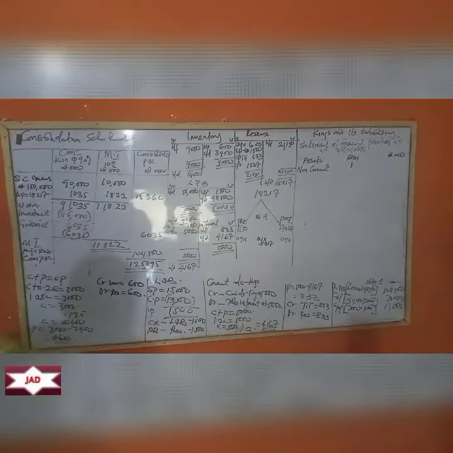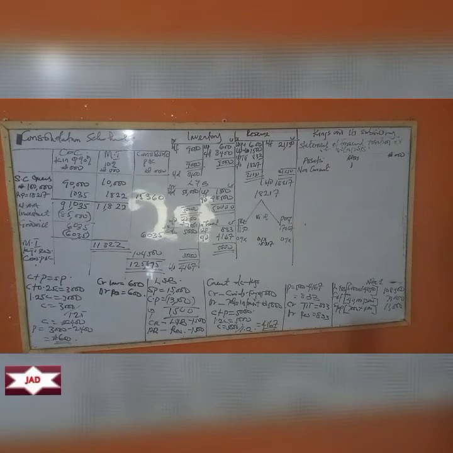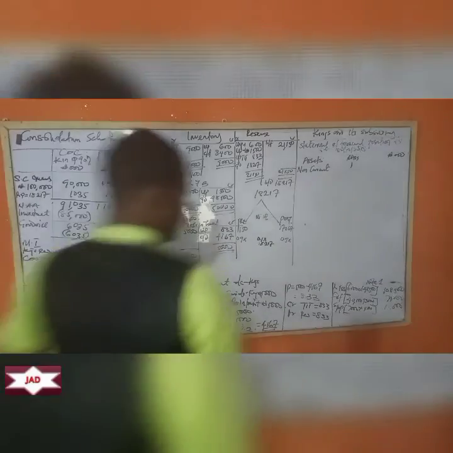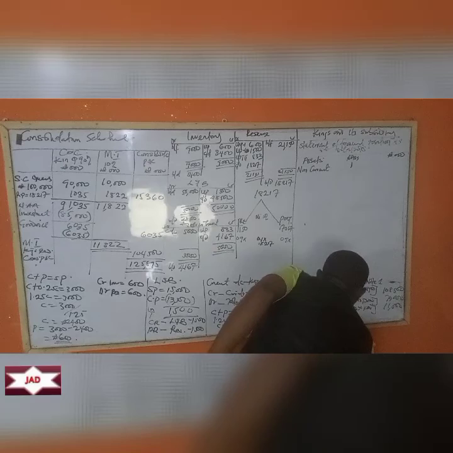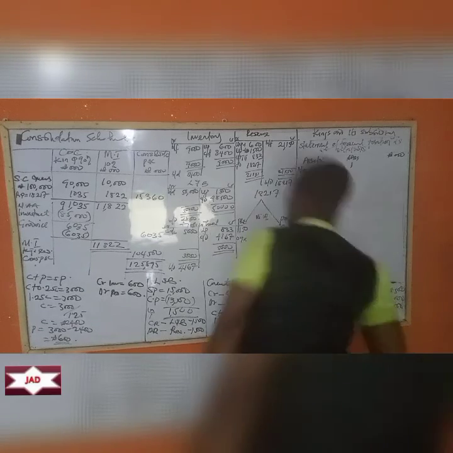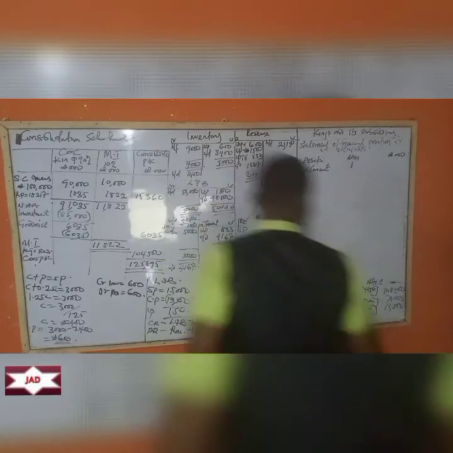Okay? Any other thing there? So we have the tools in transit. What do you have there? 4167.